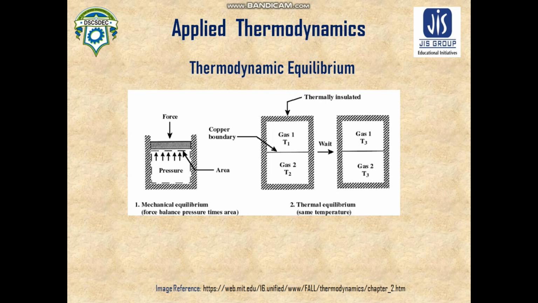Now, what happens if we isolate this system from the surroundings? The system and the surroundings were interacting with each other. Interaction means there was some energy transfer going on, energy in terms of heat, in terms of work, or whatever it may be.